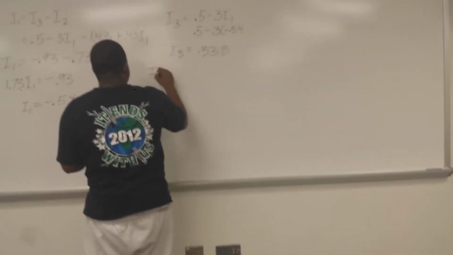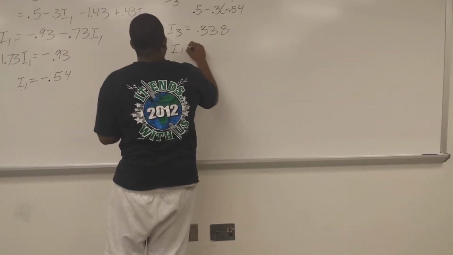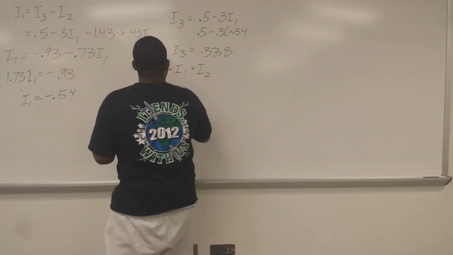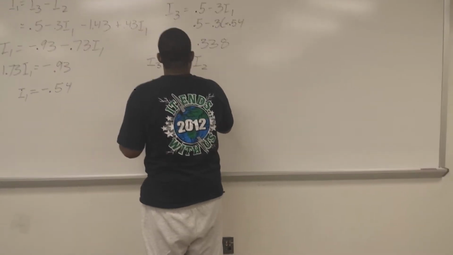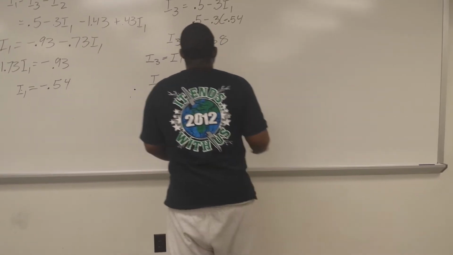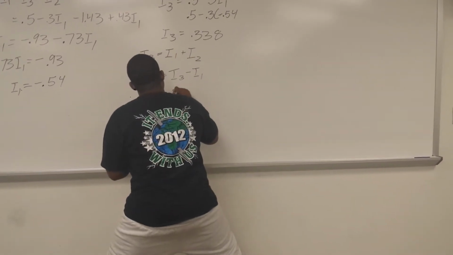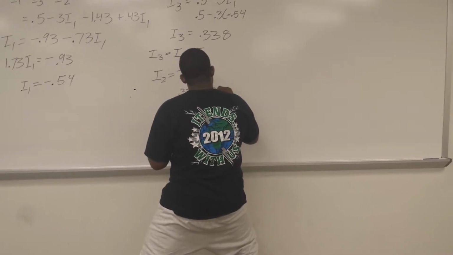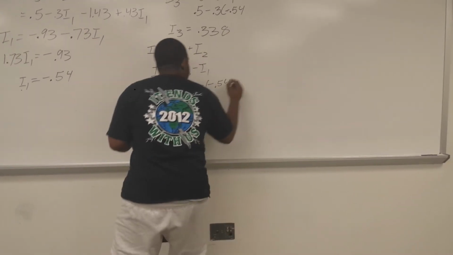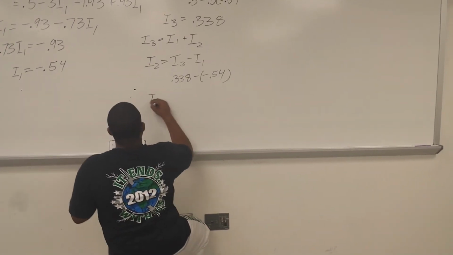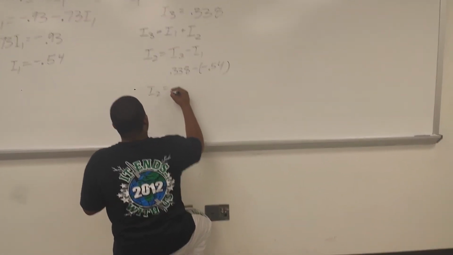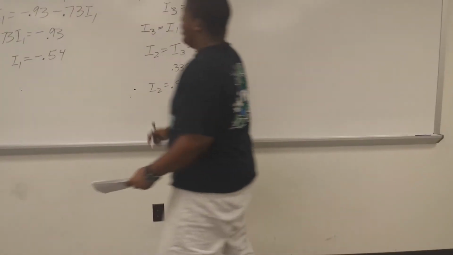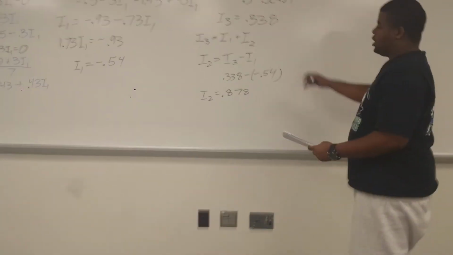So I3 is equal to I1 plus I2, so I2 is equal to I3 minus I1, which means 0.338 minus negative 0.54 means I2 is equal to 0.878. And those are my three currents.